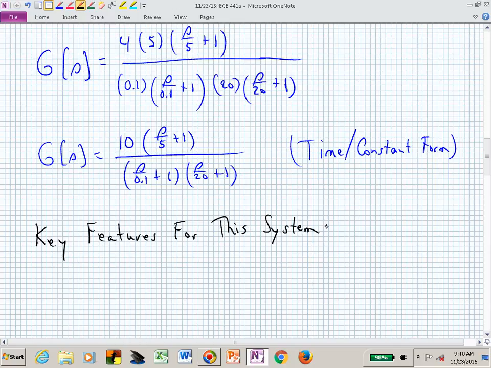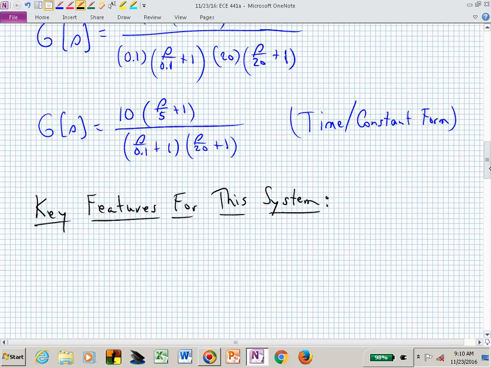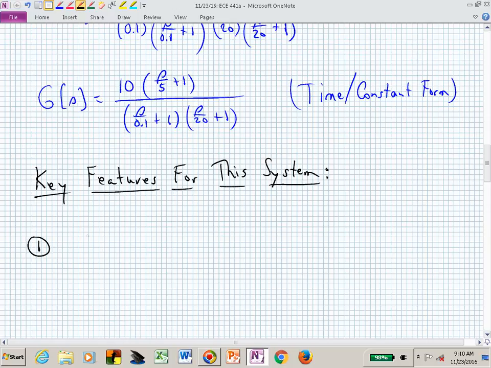And really, in general, you might be trying to look at some of these ideas when you're starting to sketch this. The first one I typically like to look for is, do I have anything happening at the origin? Do I have a pole or a zero, or poles or zeros at the origin? So that's my first key feature here.